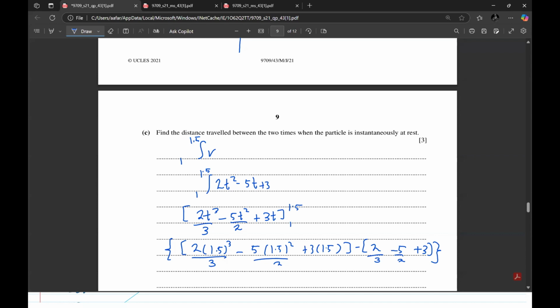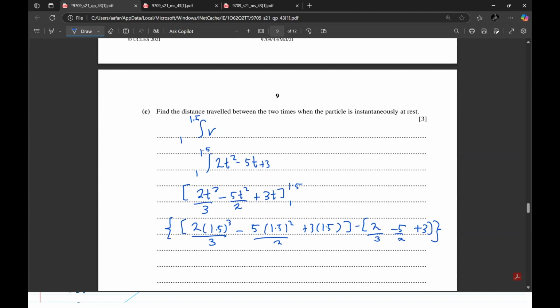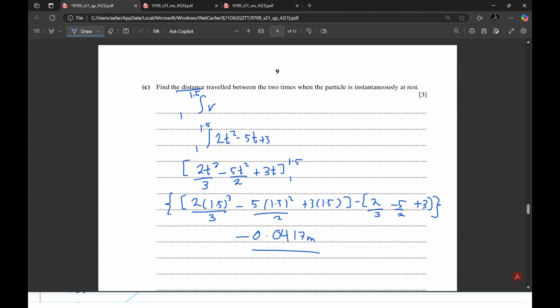So we get negative 0.0417 meter. Since that's a displacement, right? Since they've asked for the distance, just give the magnitude: 0.0417 meter.